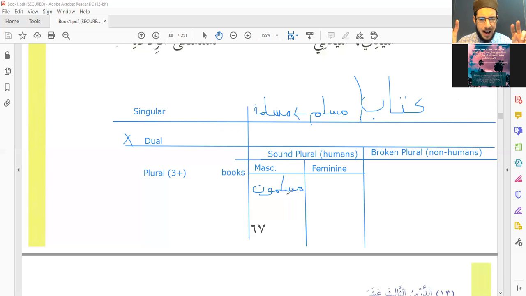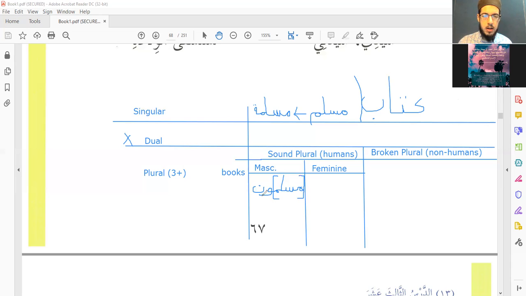Why do they call it sound masculine plural? What they mean by that is that the stem of the noun remains intact, doesn't change, right? You can find the word Muslim inside of Muslimun. You've simply added a suffix to it. And this is in the nominative case, marfu'.